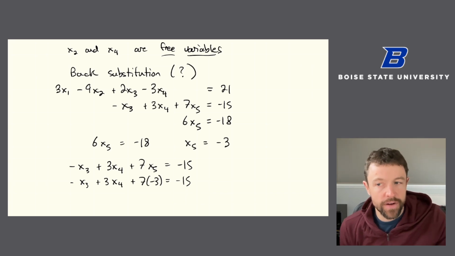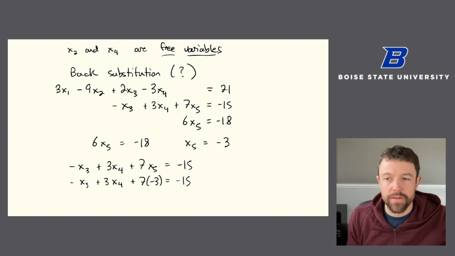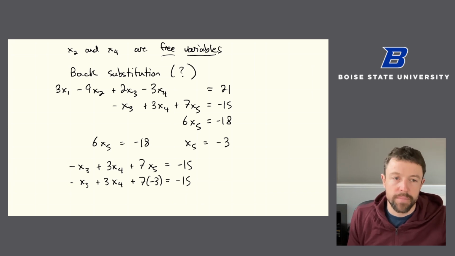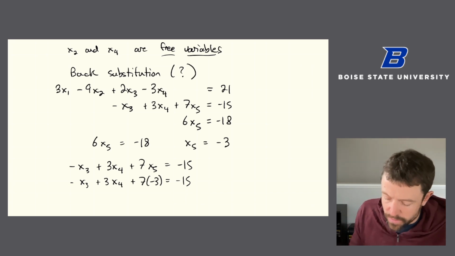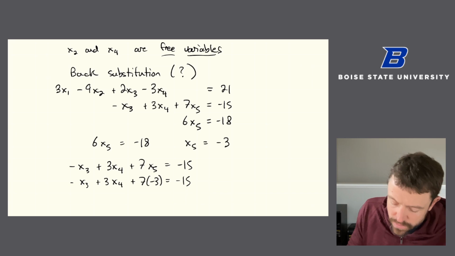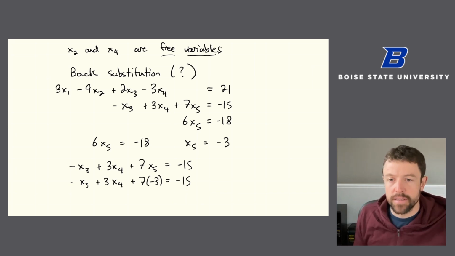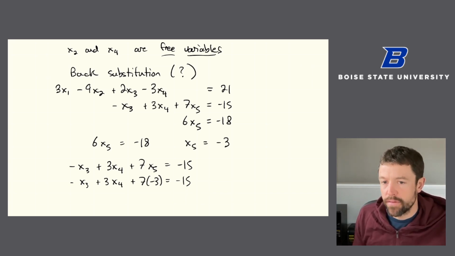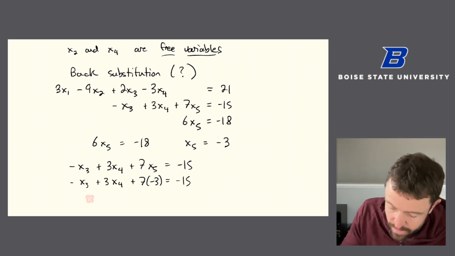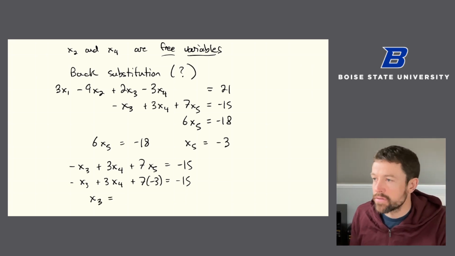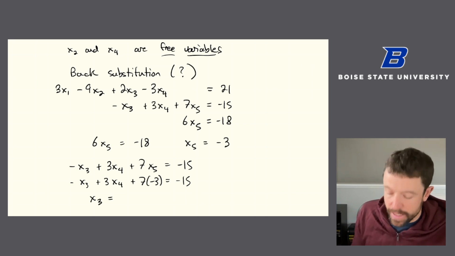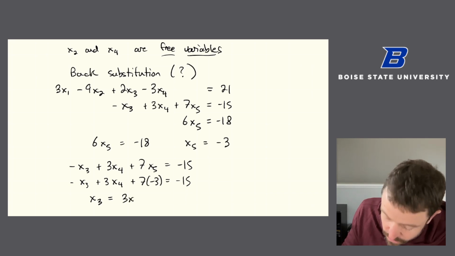The fact that variables still live on, that I can't really get rid of everything, actually makes sense in some ways. To show you the process here, first I'll just solve for x3, so I'll get x3 all by itself. If I move everything around to get x3 all by itself, what I get is that x3 is 3x4 minus 6.